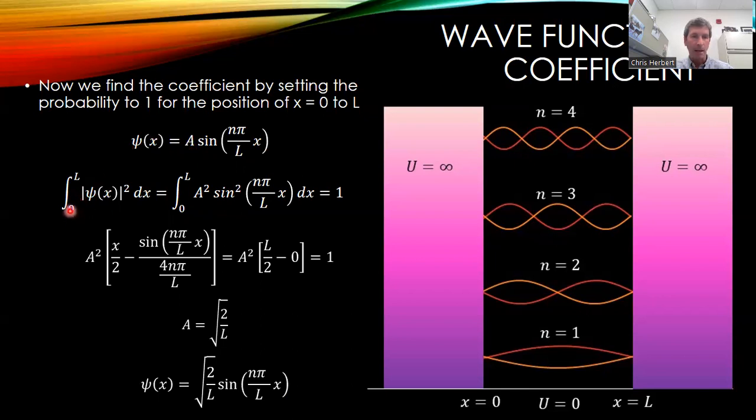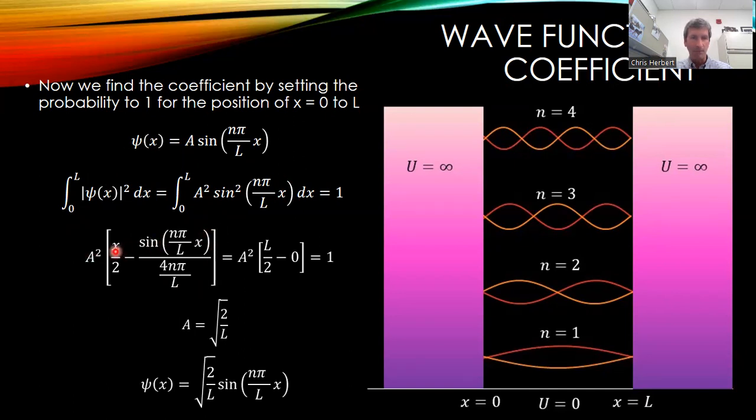So if I integrate psi squared, remember the wave function, if I take the square of the wave function, and then I integrate it over that space, the probability must equal 1. So I do the integration, okay? I put in my boundary conditions, 0 and L.